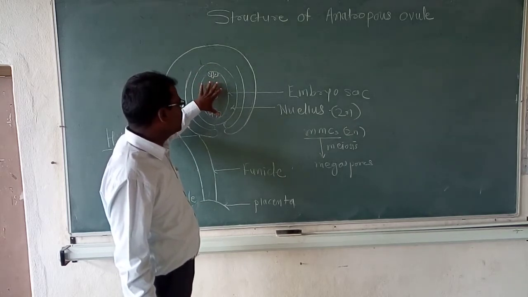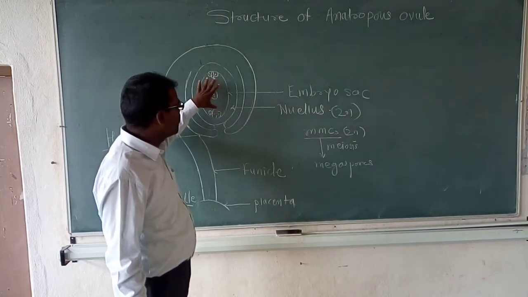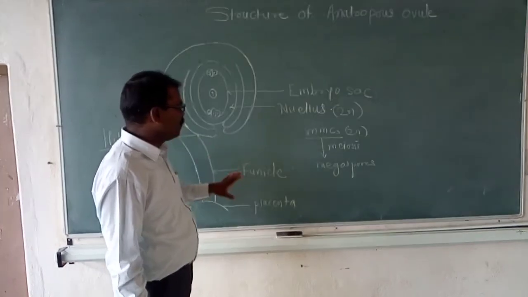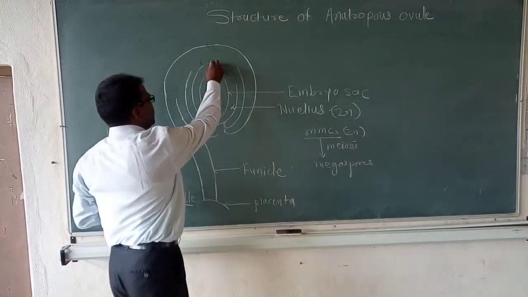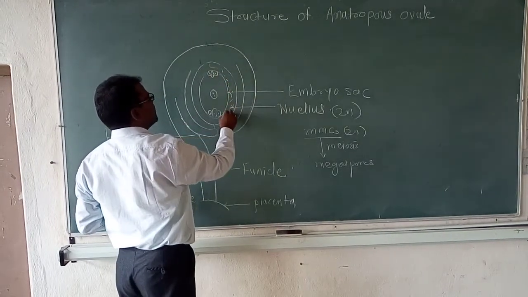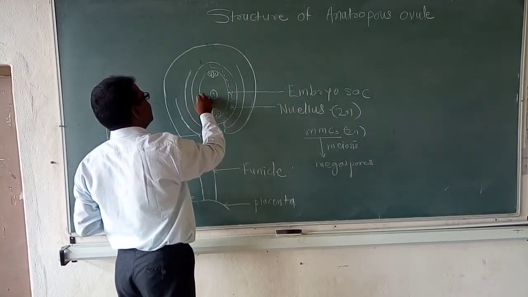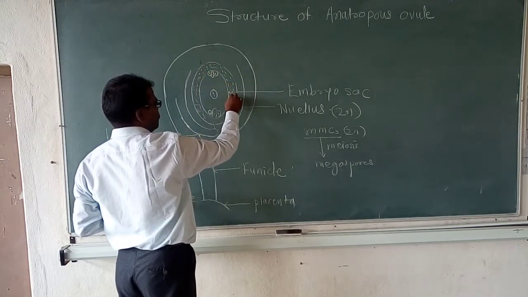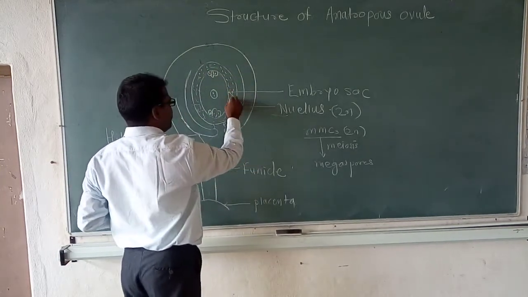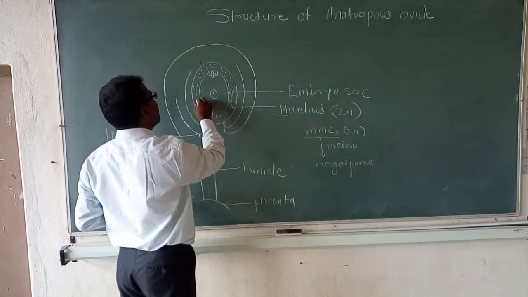In immature condition, there is no embryo sac inside the ovule. Nucellus is made up of multicellular parenchymatous cells.